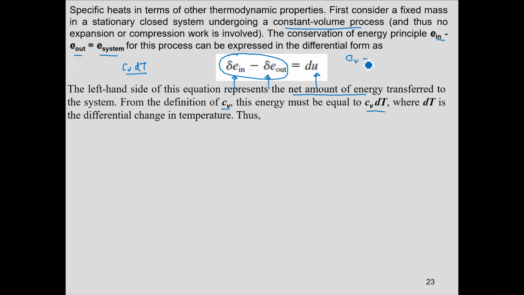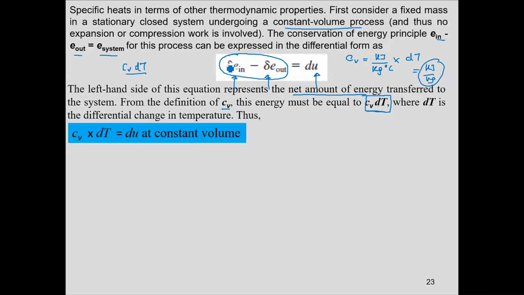CV is basically energy per unit mass per change in temperature. So energy per unit mass for change in temperature dT would essentially be kilojoules per kg. So CV dT is basically the net amount of energy that is flowing into the system.